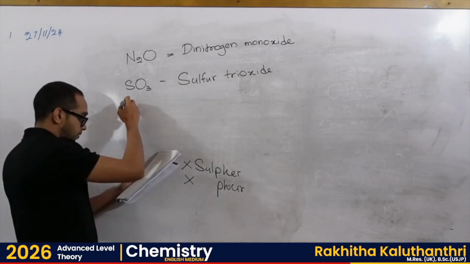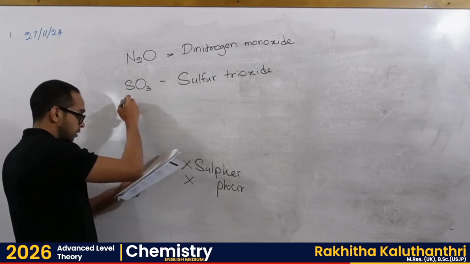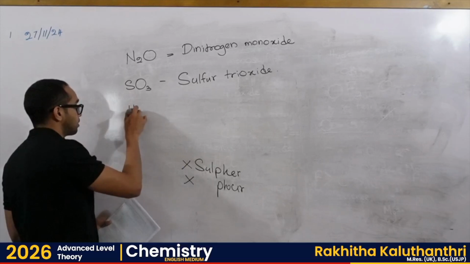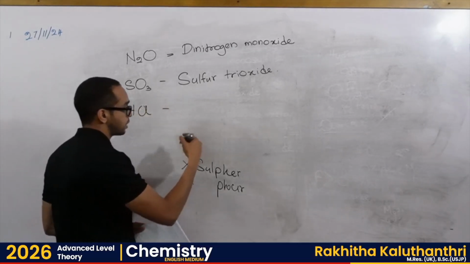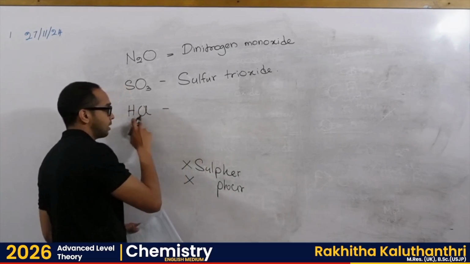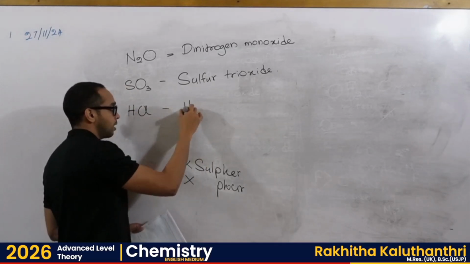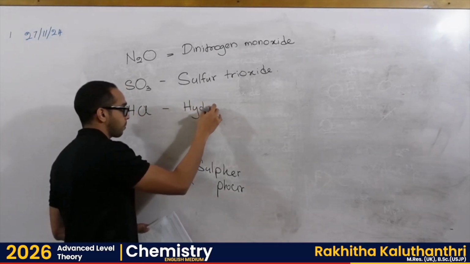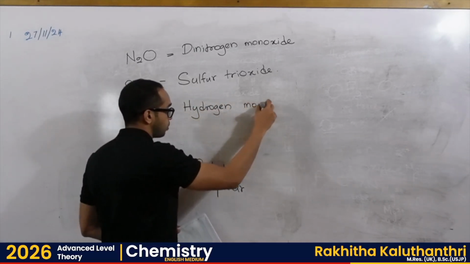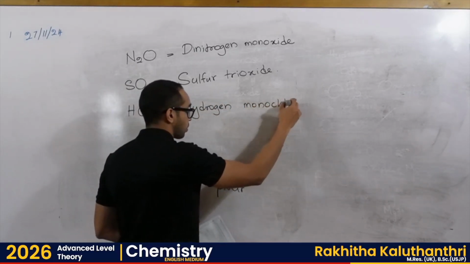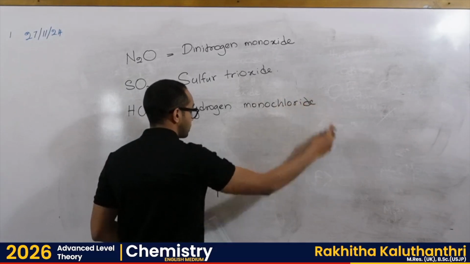And then we have HCl. HCl's name of the molecule, especially in gaseous state, is hydrogen monochloride. This is the correct IUPAC name.